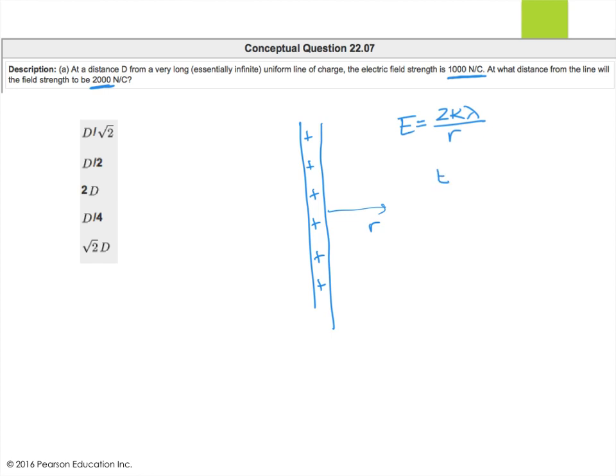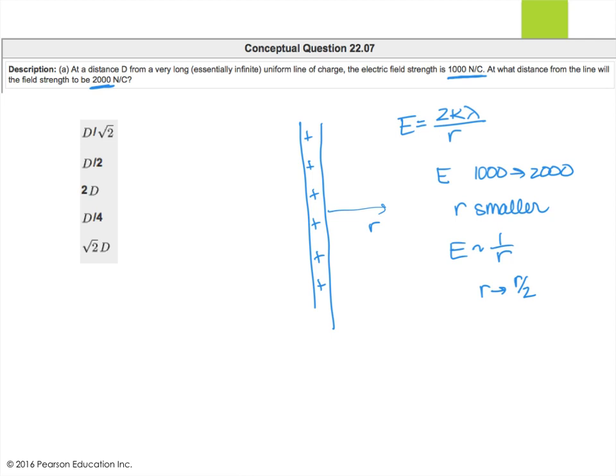So to get the E to go from 1,000 to 2,000, we know that R has to get smaller. And because E is proportional to 1 over R, we can just get that factor. We want it 2 times bigger, so R should go to R over 2.